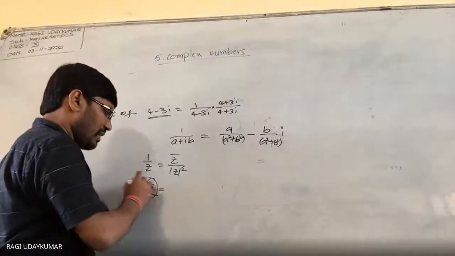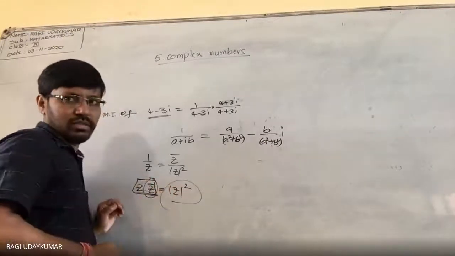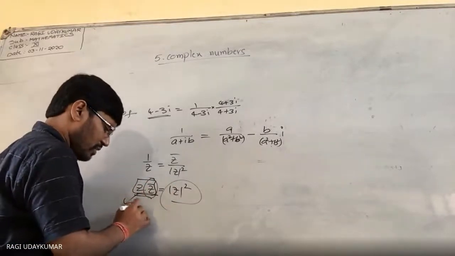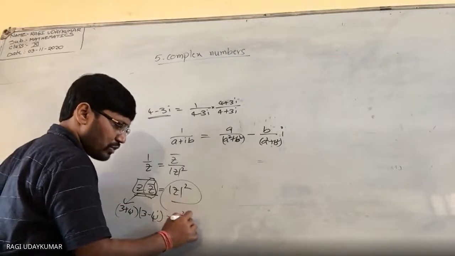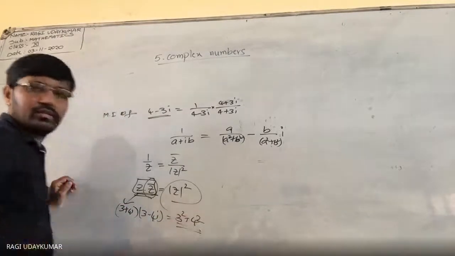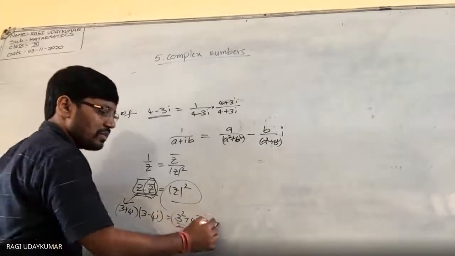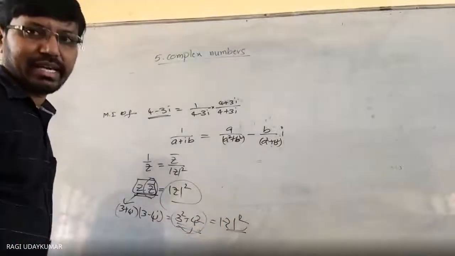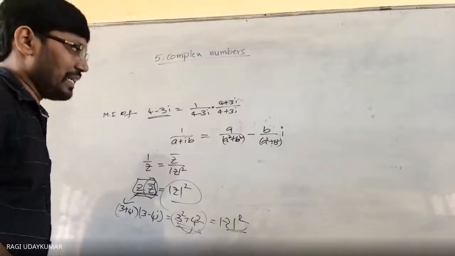So z and z bar, if you multiply, give modulus of z whole square. Take z as 3 plus 4i, and if you multiply with 3 minus 4i, you are going to get 3 square plus 4 square only. So 3 square plus 4 square is nothing but modulus of z square. This is a small correction: in the starting I told you modulus of z. Please make it correct.